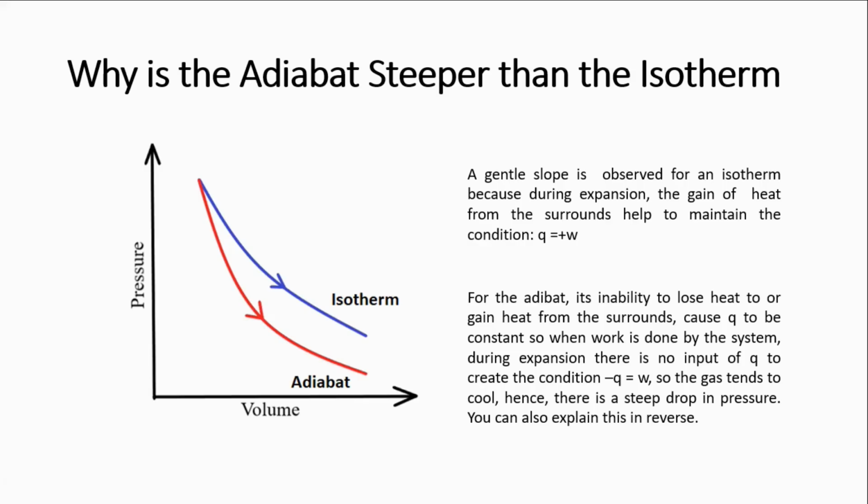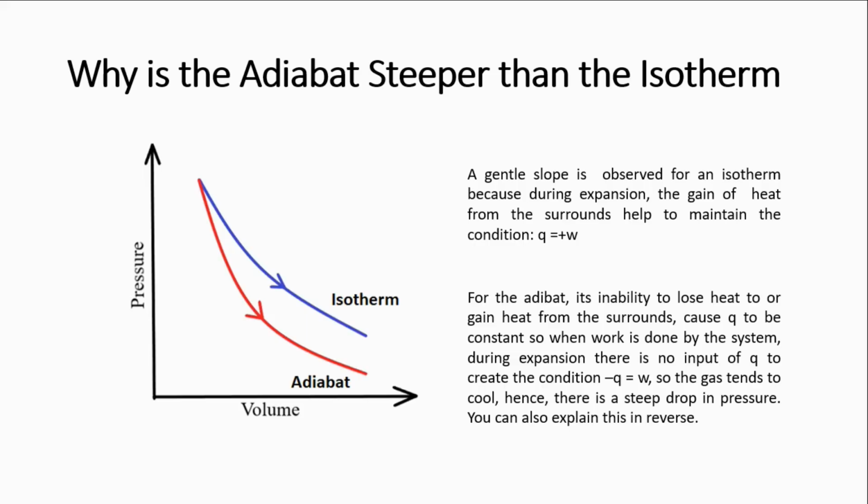Isotherm means that the temperature is fixed, so the temperature is not changing. Let's say the gas is expanding. Expanding simply means that its volume is increasing. If the volume is expanding, that is, the gas is expanding, volume is increasing, the particles are moving further and further away from each other. Right? So the gas is expanding.